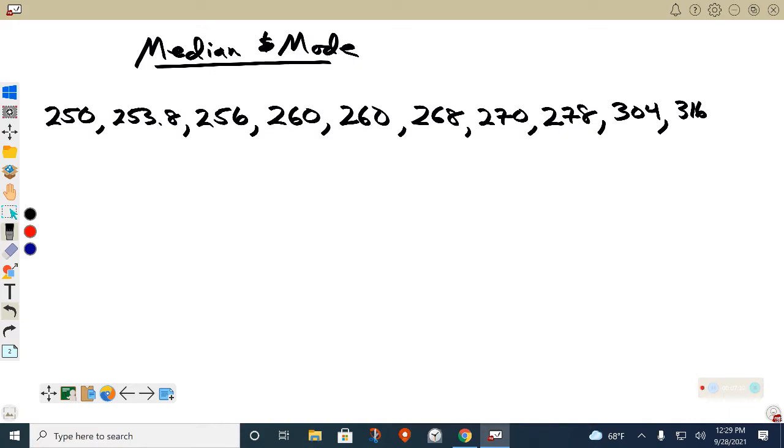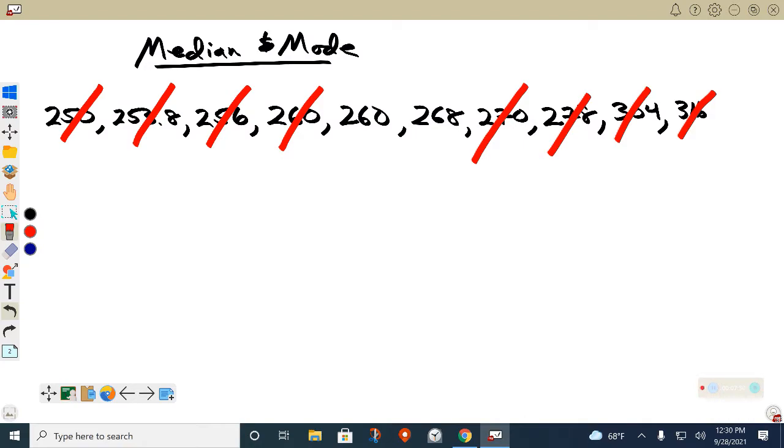If I shave off the one at the bottom and the one at the top, and I keep doing that, I'm going to hone in on the middle one. What's the one in the middle? Well, there is none in the middle. There's only two in the middle. It's the 5th and 6th car. So there's no exact middle number.